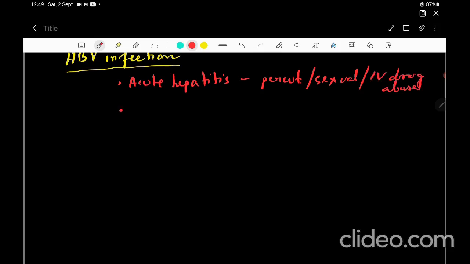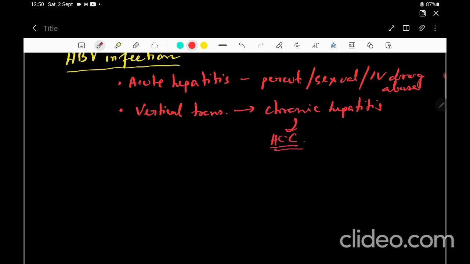It can also be caused by vertical transmission, but vertical transmission, as I have already said, proceeds to chronic hepatitis, and chronic hepatitis can cause hepatocellular carcinoma.